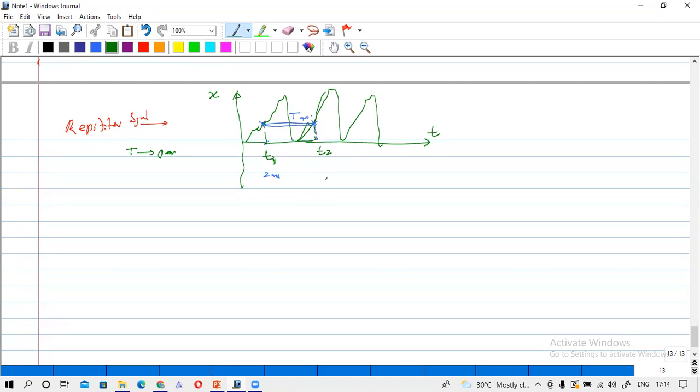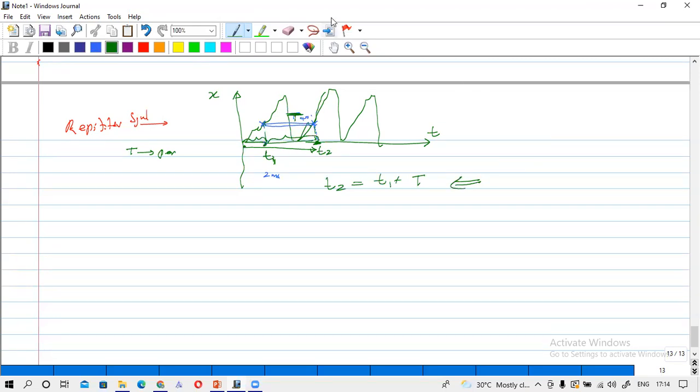T1 is from here to here, and T2 is from here to this point. So T2 is equal to this duration plus this duration. This duration is nothing but the capital T. So that is T1 plus capital T. Correct.